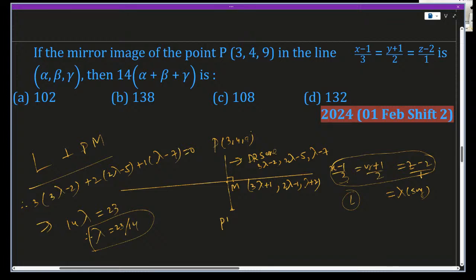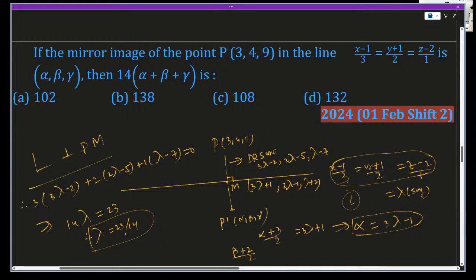So after getting lambda, let us find this. Let this be alpha, beta, gamma. Then alpha is 3 lambda minus 1. Just check my calculation.